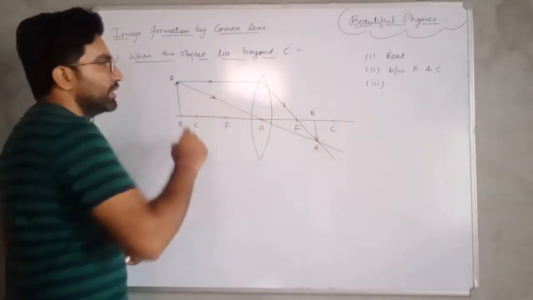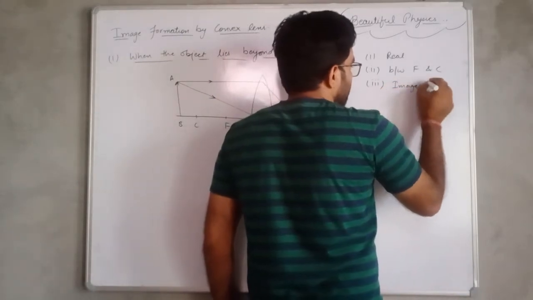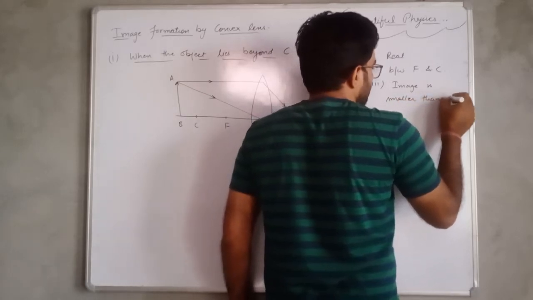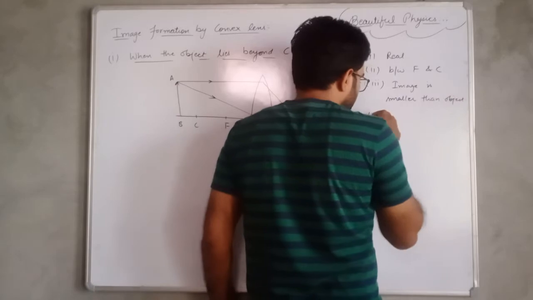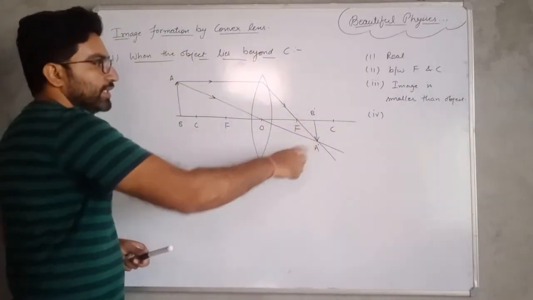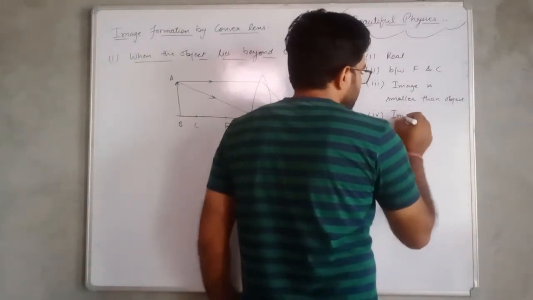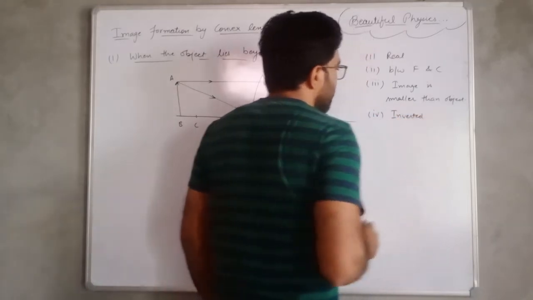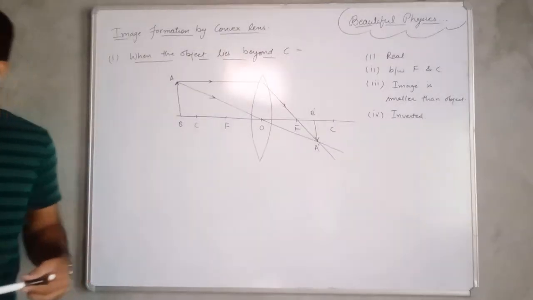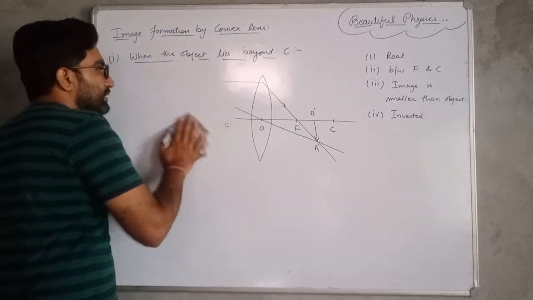Next, the image formed is inverted. We can see from the diagram that the image formed is inverted. Okay, so these are the properties of the image when the object lies beyond C. Let's discuss another case, when the object lies at the center of curvature.